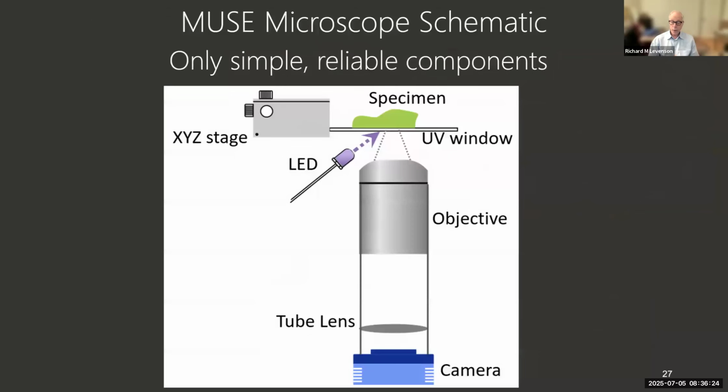So I'm going to describe 2 very, very similar techniques. One is called MUSE and the other is called FIBI. And the MUSE acronym is very descriptive. It stands for microscopy with UV surface excitation. So it's a microscope.